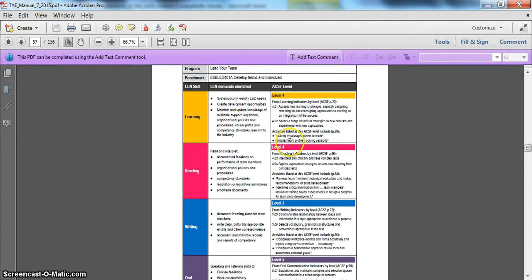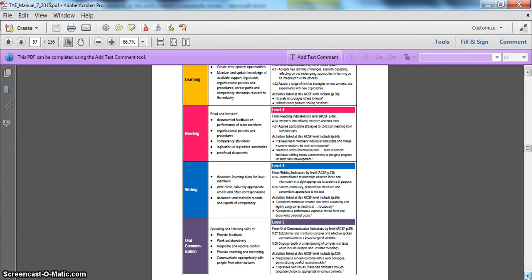So that looks at the learning level 4, starting to get into that complex concepts and relatively independent work. They're reading documented feedback, they're reading organisational policies and procedures, competency standards, legislation, and they have to proofread documents. So again, that's looking at the level 4 in the reading.